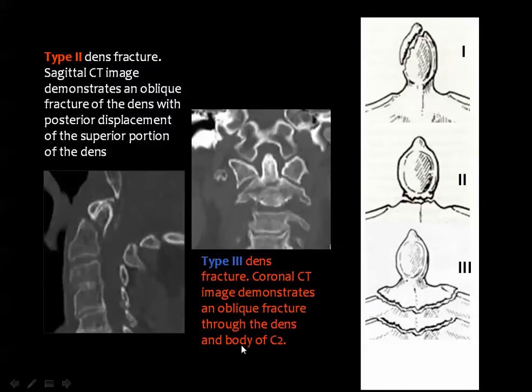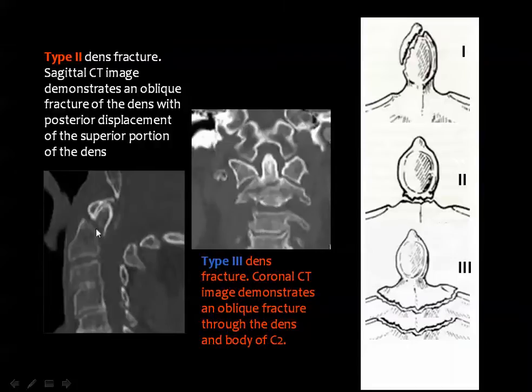Then we come to the fractures of the odontoid process. We have three types of odontoid fractures. If the fracture involves only the tip of the odontoid, then we have type 1. If it involves the base, then we have type 2. If it involves the base together with part of C2 vertebral body, then we have type 3.